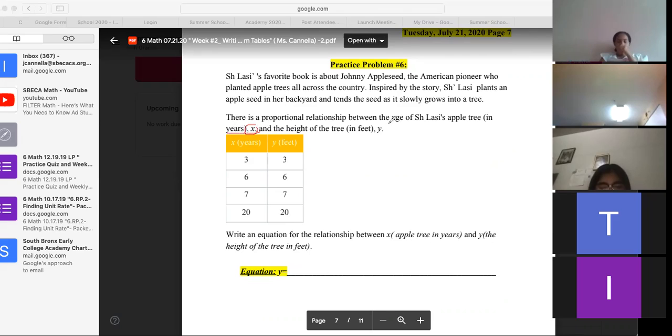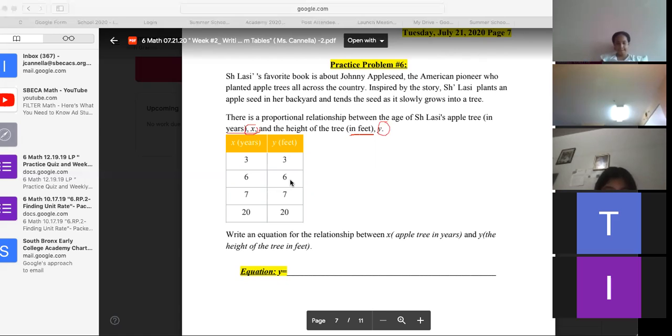Inspired by the story, Hazel plants an apple tree in her backyard and tends to it as it slowly grows into a tree. There is a proportional relationship between the age of Hazel's apple tree in years, X, and the height of the tree in feet, Y.